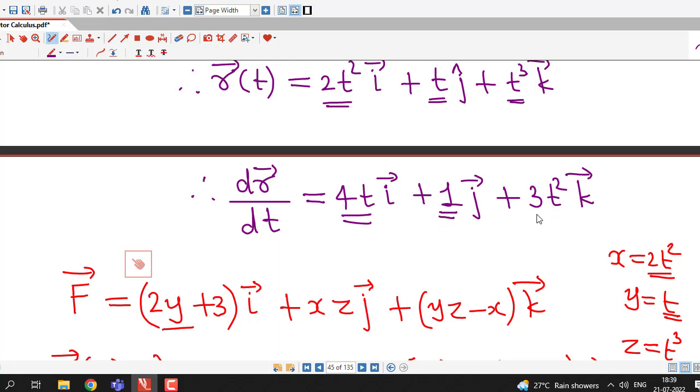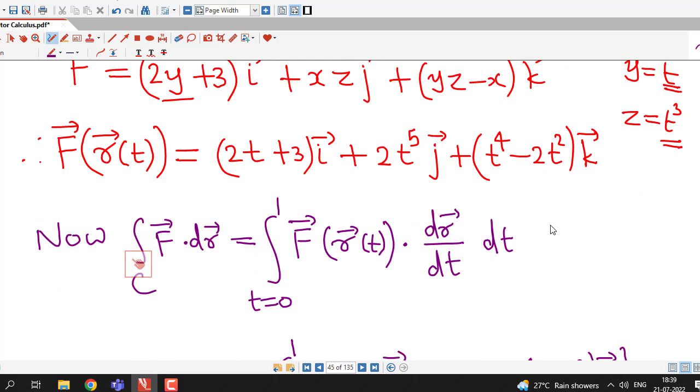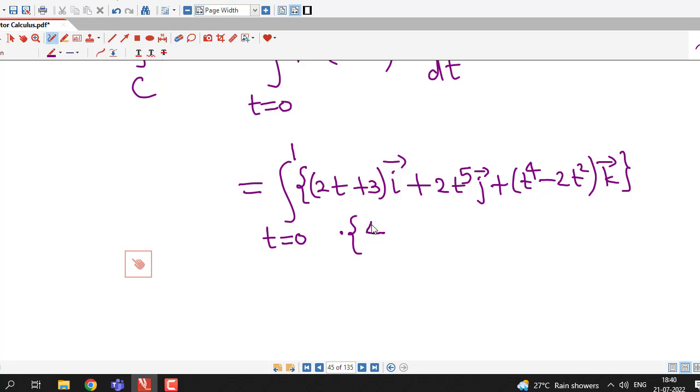Components are 4t, 1 and 3t square: 4t i plus 1 j plus 3t square k. This is d r bar by dt, and then we will integrate the dot product of these two quantities with respect to t.